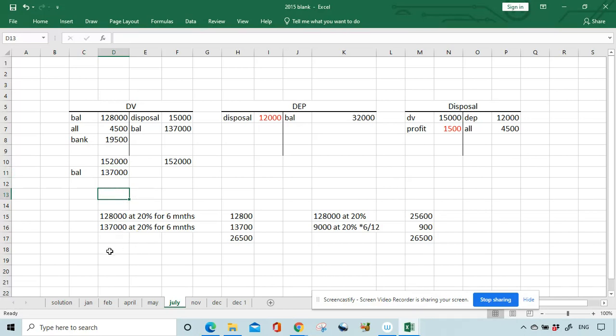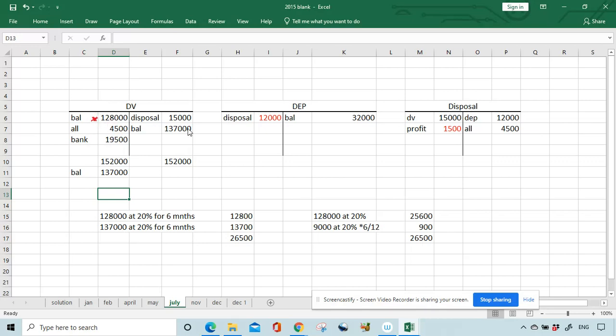So if you remember the 120 mark questions that we've done, the depreciation note, what I've done below, I've actually jumped forward to December. So the depreciation charge on delivery vans is 20%. The van was disposed of in July, so we have 6 months depreciation at 128,000.